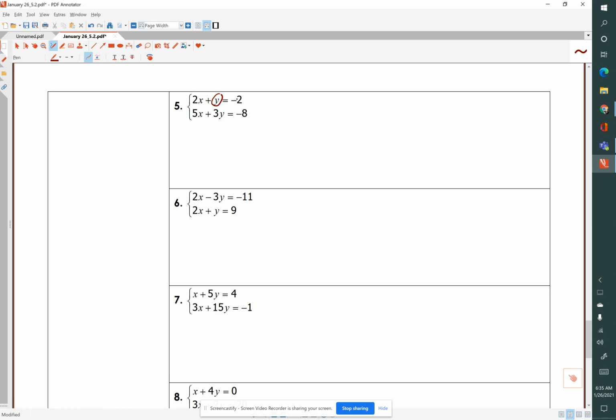Okay, let's get started. We need to solve 2x plus y equals negative 2. So we have to solve that for y. So I'll subtract 2x from each side to give me y equals, I'm using slope-intercept form, negative 2x minus 2. So I'll write that over here.